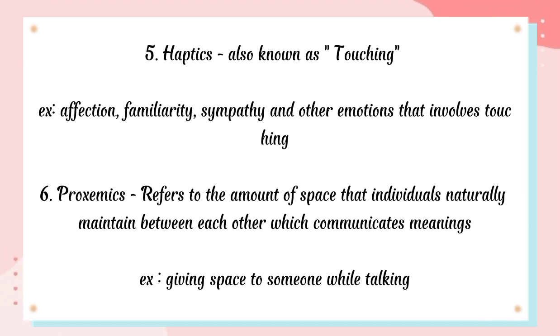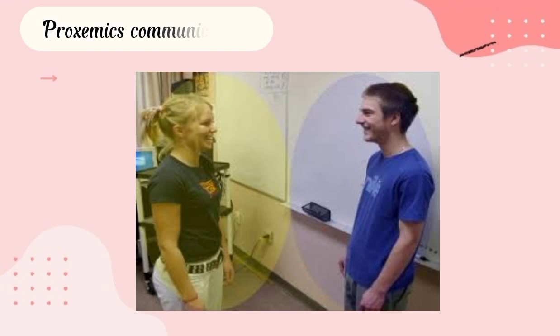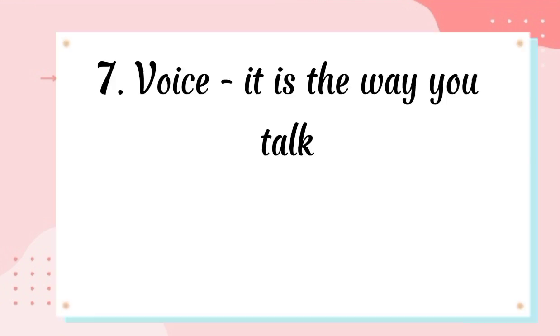For example, here in the pictures, you can see the space between them, like you are giving space to someone while talking. So next is voice. Voice is a very important nonverbal communication. Your voice should be clear and not aggressive, so that you can avoid misinterpretation and offensive words.